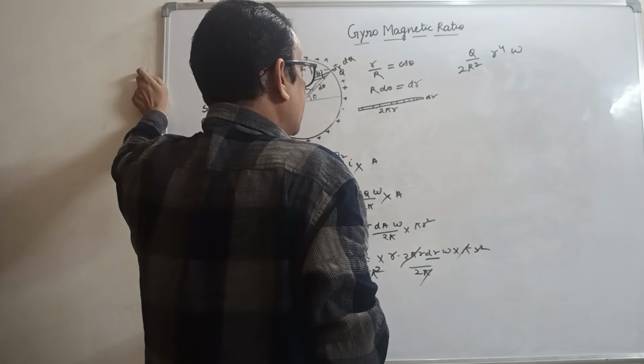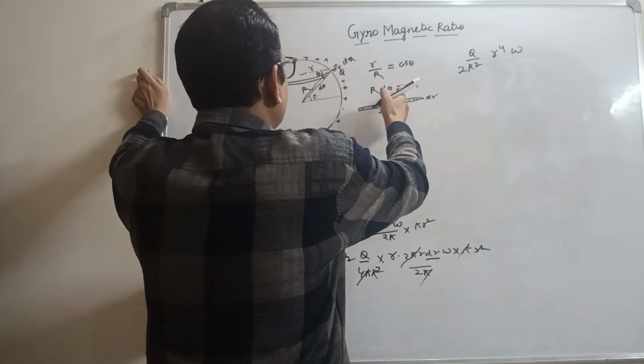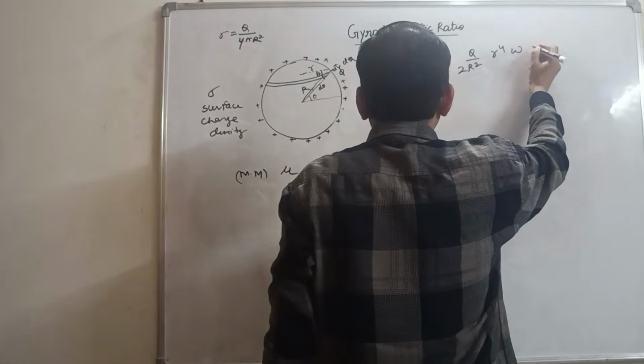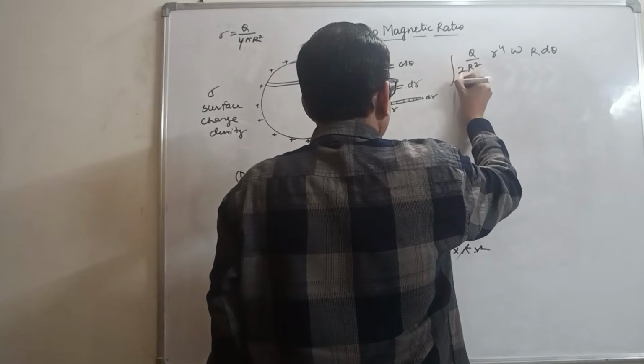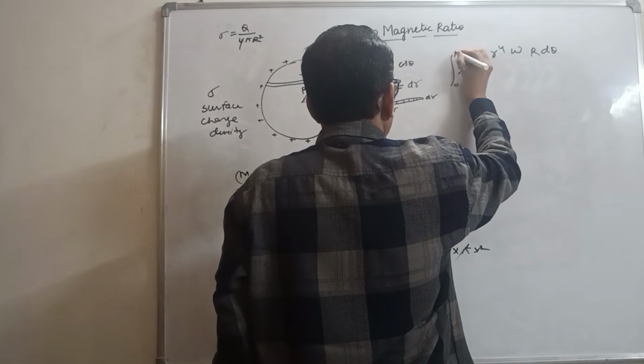And dr is equal to R d theta, integration 0 to pi by 2.